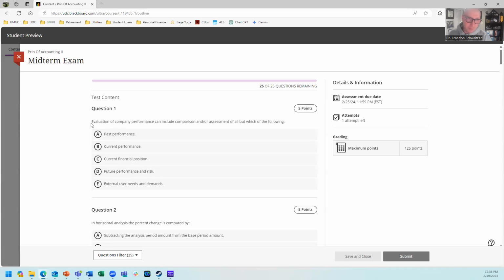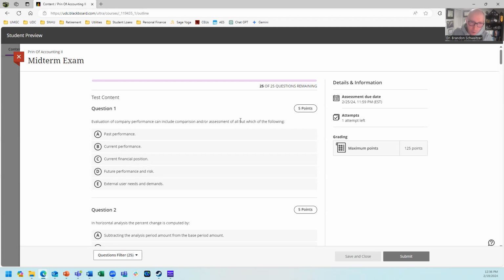For example, the first question, at least in this exam, is: evaluation of company performance can include a comparison and assessment of all but which of the following. Read the questions very carefully.